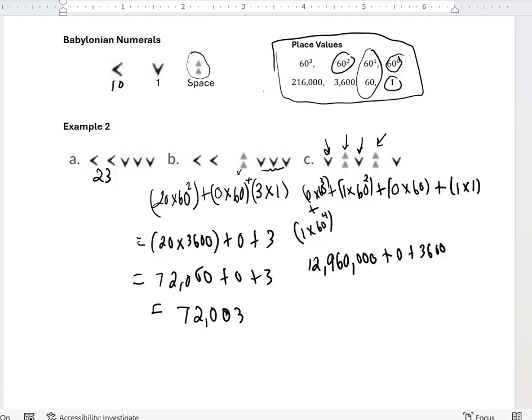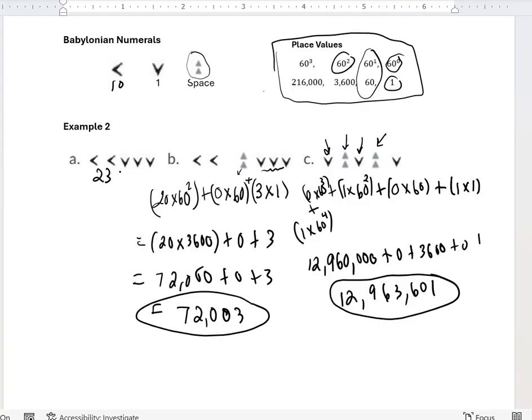And 0 times 60 is 0. 1 times 1 is 1. So we add all these numbers together. And we get 12,963,601. Okay, so that is example number 2.